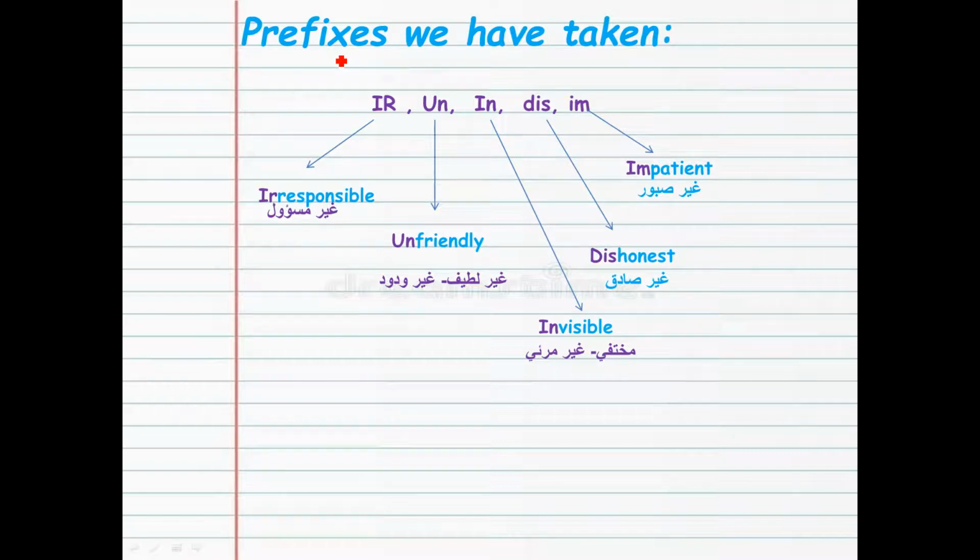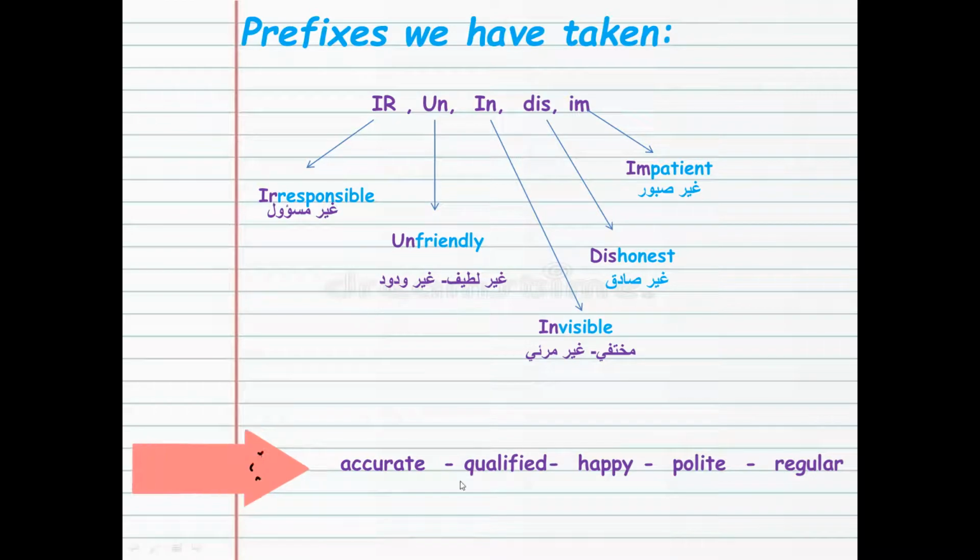Okay, now as a homework كواجب you can give it to me tomorrow or at the end of the week, يعني معكم ليوم الثلاثاء أو في نهاية الأسبوع. You have these words عندي هاي الكلمات: accurate بمعنى صحيح، qualified بمعنى مؤهل، happy سعيد، polite مؤدب، regular منتظم.